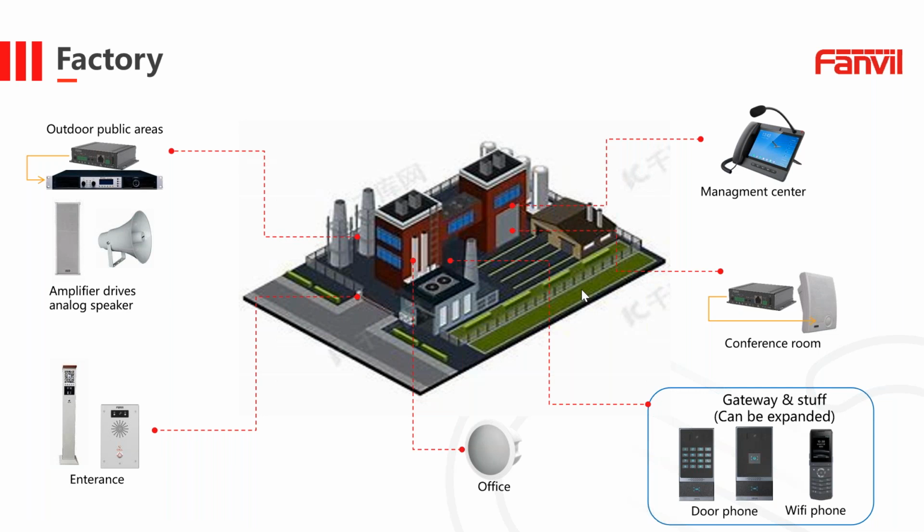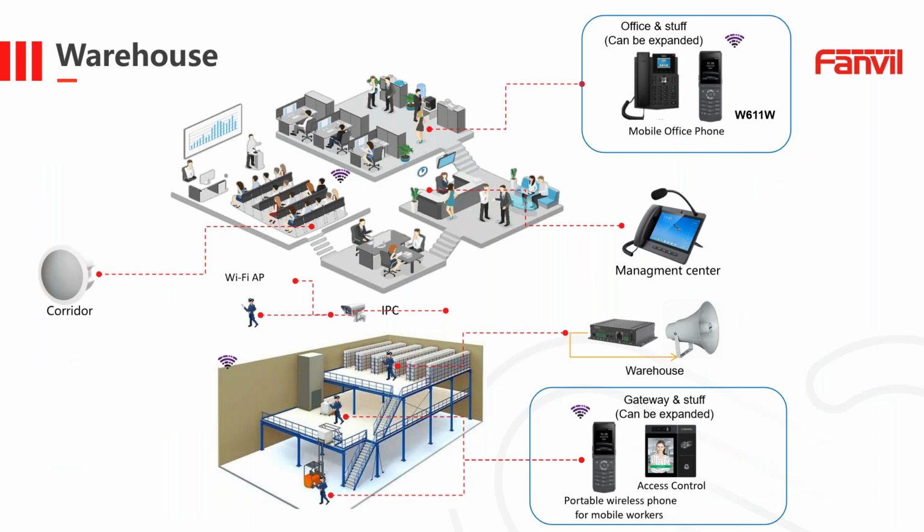And the next scenario is warehouse. So in the front desk or management center, they can prepare an IP console. Like I said just before, the receptionist can use click to call or a schedule plan to easily manage the broadcast tasks in the warehouse.